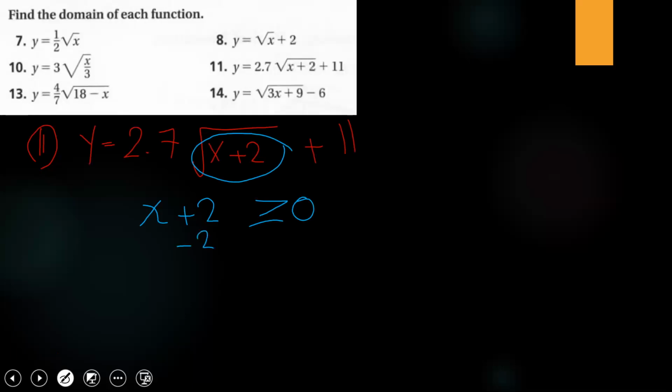Then minus 2, minus 2. x will be greater than or equal to what? Negative 2. So what does it mean? That means I'm talking about the real numbers that are greater than or equal to negative 2, like negative 2, negative 1, 0, then infinity. Yeah, bravo.